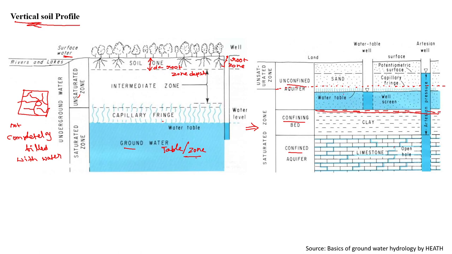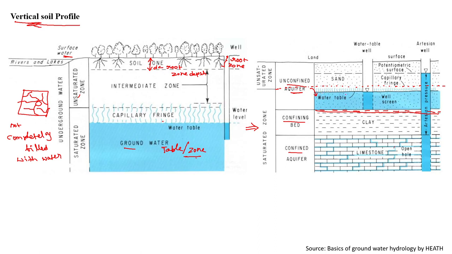Above it is the water table, and it has atmospheric pressure. This particular type of water formation can be called an aquifer, an unconfined aquifer. So an unconfined aquifer will have atmospheric pressure.